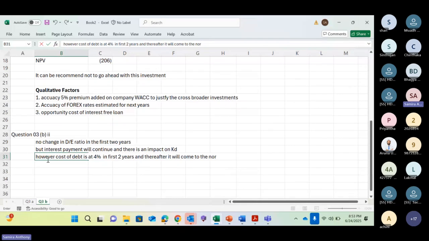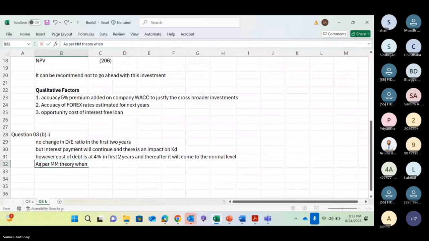As per theory, when debt increases, the value of the WACC will decrease.